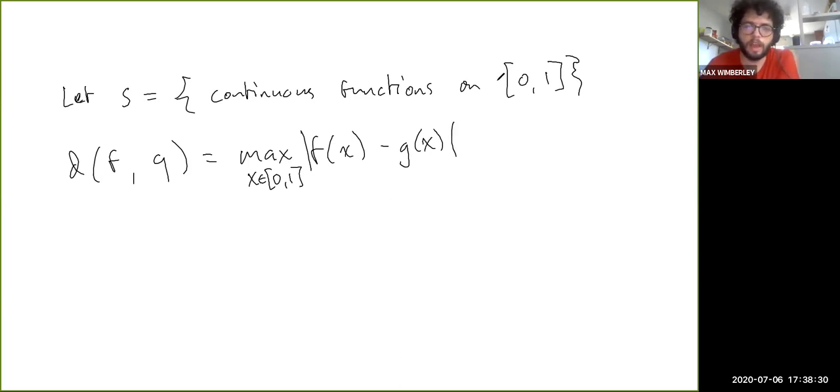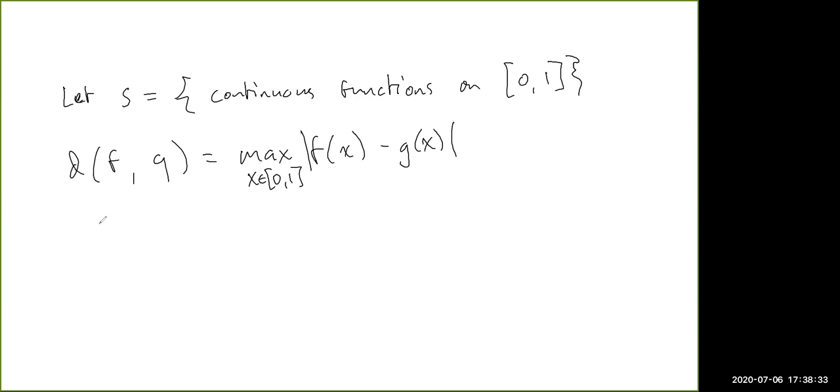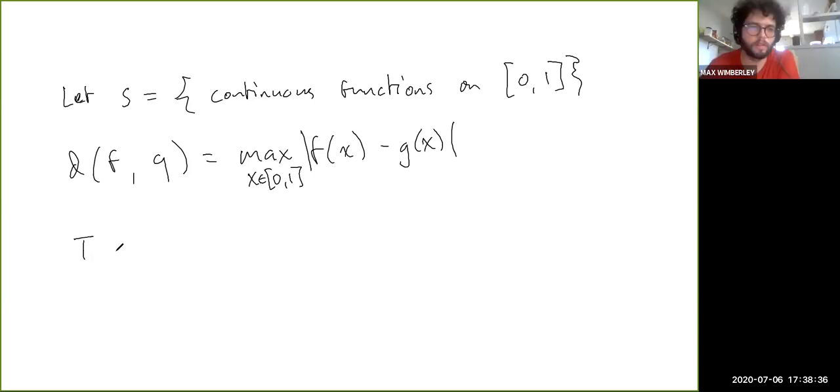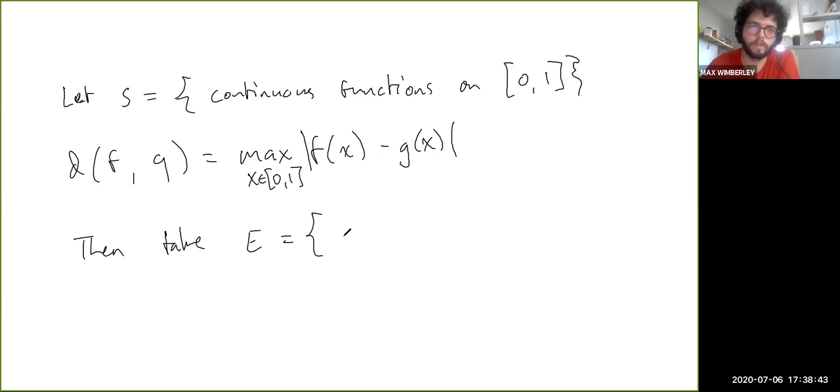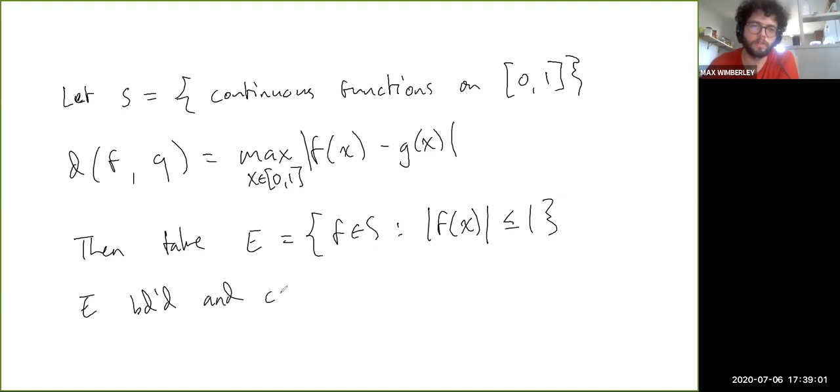Then take E to be the set of functions in S such that the absolute value of f of x is less than or equal to 1, for example. Then E is bounded and closed, but I'm pretty sure not compact.